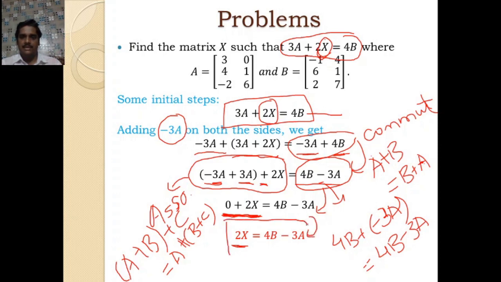So we have ultimately 2x is equals to 4b minus 3a, and once we get some value on the right side, what we need to do after that, we just multiply 1 by 2 on both the sides. If we multiply 1 by 2 on both the sides, on the left side you'll get x and on the right side you'll get some matrix, and that is nothing but the value of x.